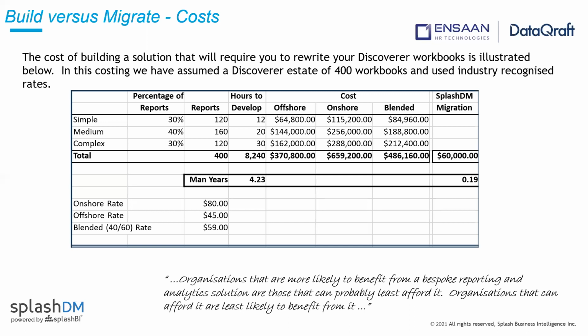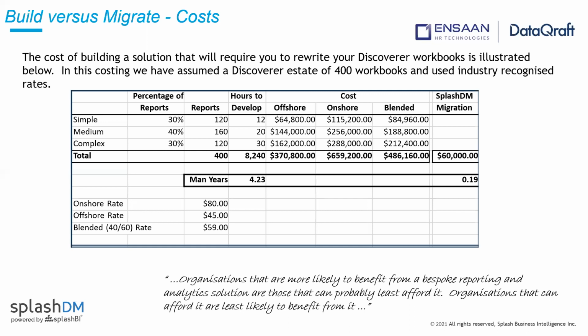There's a quote here at the bottom, which I love. I've used this for many, many years now. Organizations that are most likely to benefit from bespoke reporting and analytics solutions are those that can probably least afford it. That's because they don't know where their data is, they don't know how to get hold of the data, and they don't have the support that's required to do it.